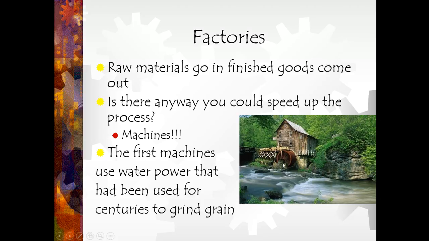And this wheel is going to be turning machines inside. And so the water here could do as many as like 100 machines at a time. So these factories are going to be able to produce a lot more and be able to do that a lot faster. And so this is the answer to the deficiency in the cottage industry. Cottages cannot keep up, but factories can.